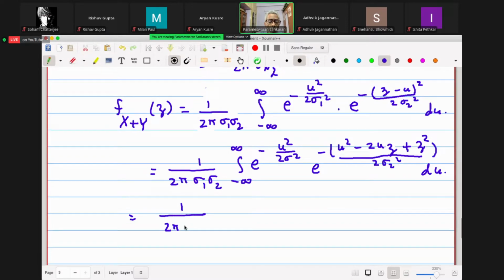1 by 2 pi sigma 1 sigma 2, integral from minus infinity to infinity of e to the power... Now this time you simplify, putting the u terms together: minus u squared times (1 by 2 sigma 1 squared plus 1 by 2 sigma 2 squared).